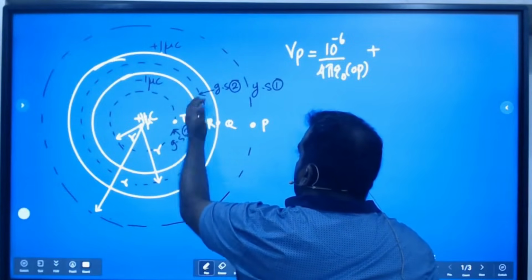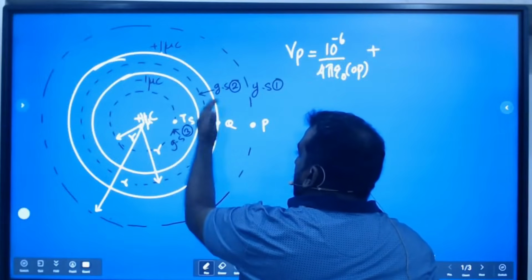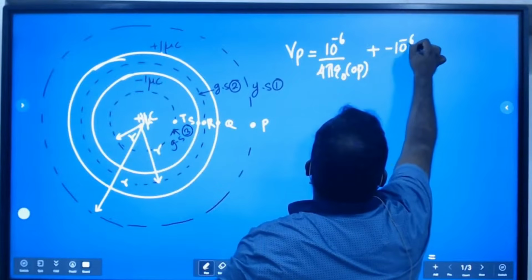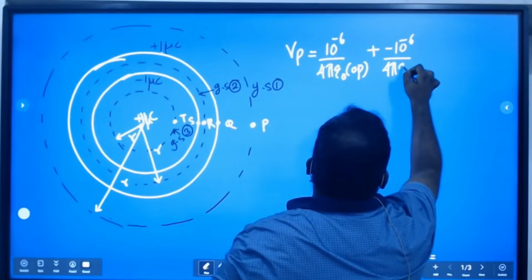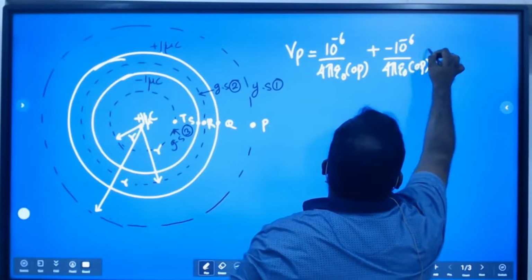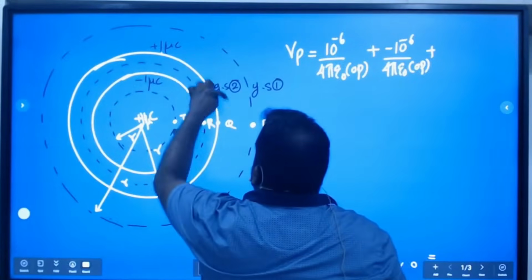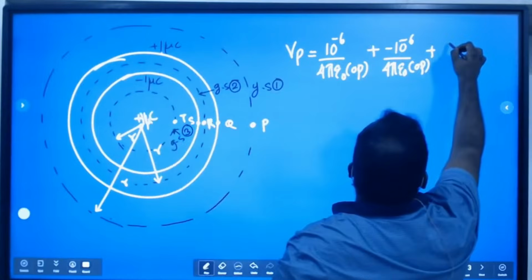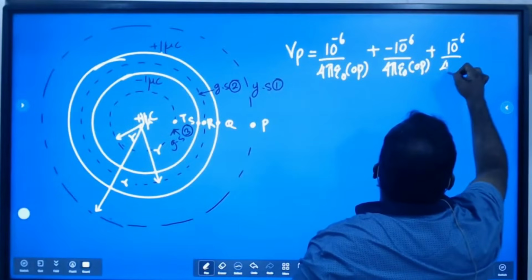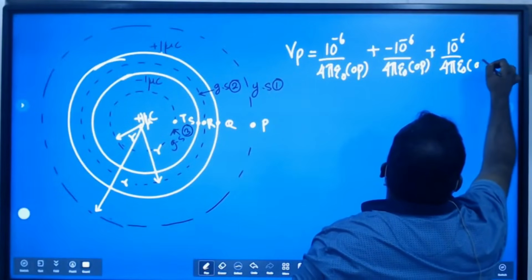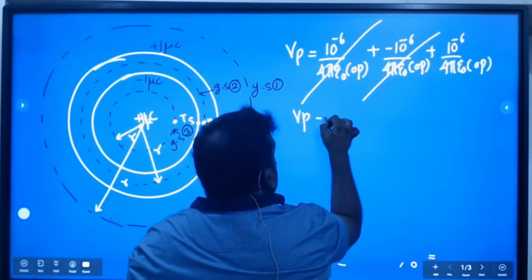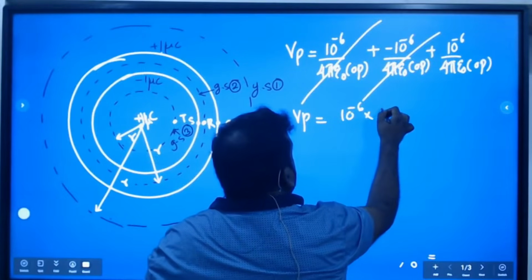Point P is outside, so again keep all the charges at the center like a point charge. You can see clearly these two will cancel off.